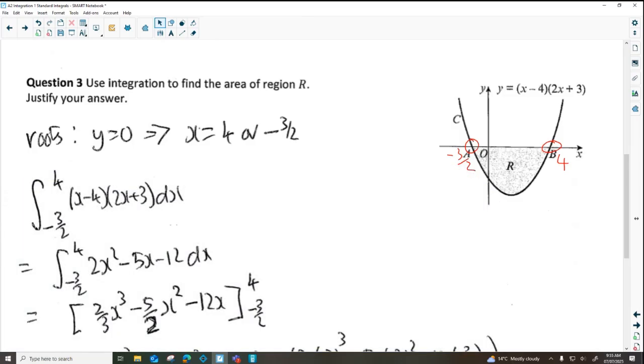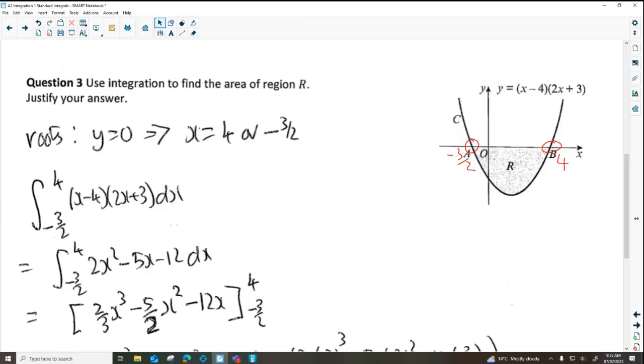So if I want to do the integral from minus 3 over 2 to 4 of x minus 4 times 2x plus 3, at the moment you cannot integrate any function which has brackets in. So the first step will be to expand the brackets.